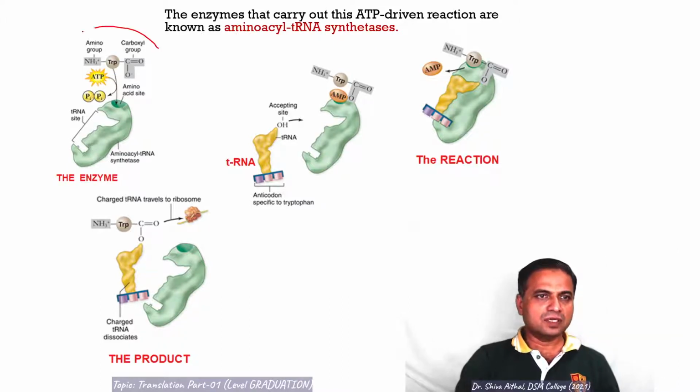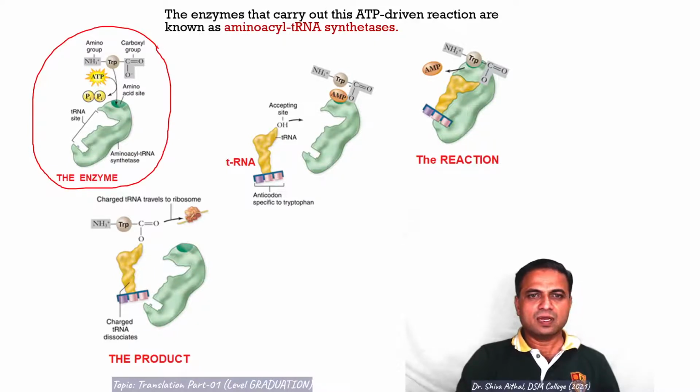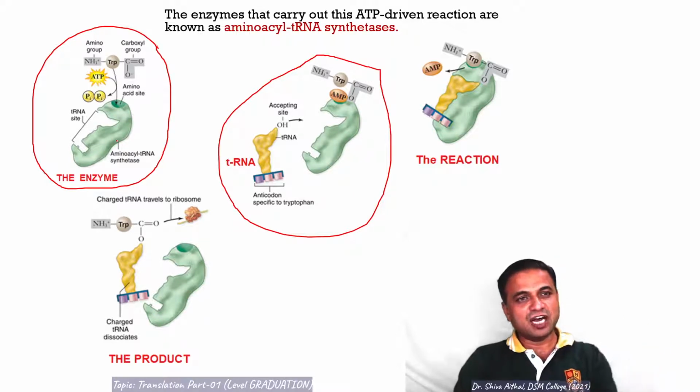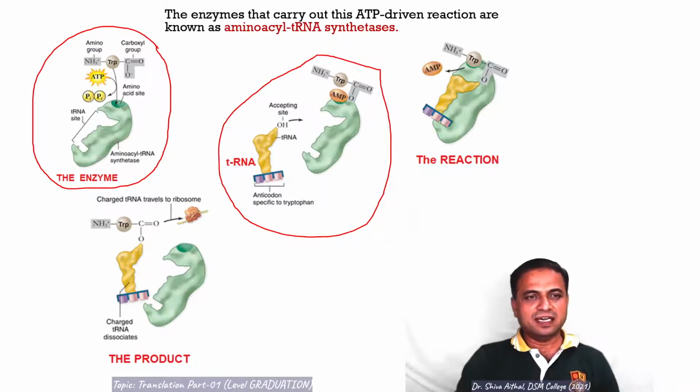Sorry, that is an uncharged tRNA synthetase enzyme, which means it is not containing an amino acid. This is mediating the charging of the amino acid with tRNA. So this is the enzyme and this is the tRNA.